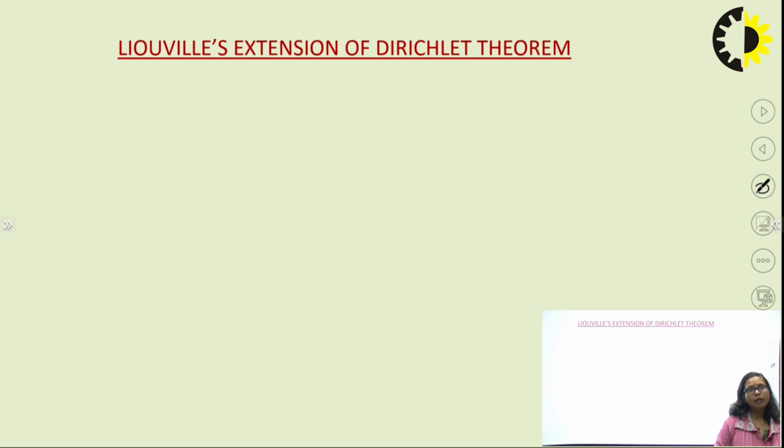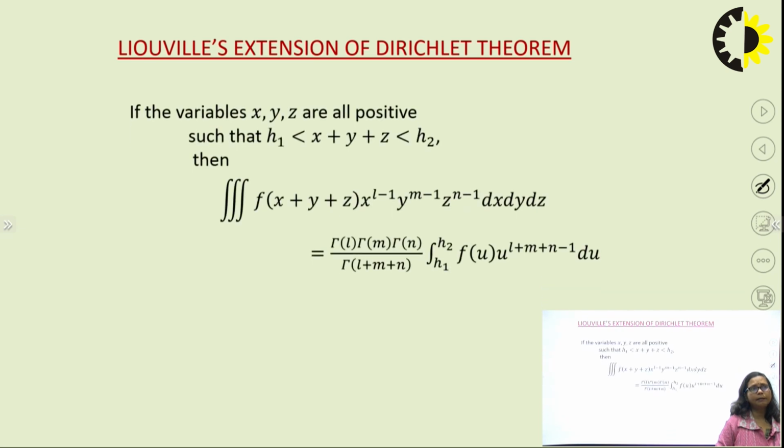This is the extension of Dirichlet. Look at what it says. If the variables x, y, z are all positive, such that h1 is less than x plus y plus z is less than h2, meaning the limits for x plus y plus z are given here from h1 to h2.